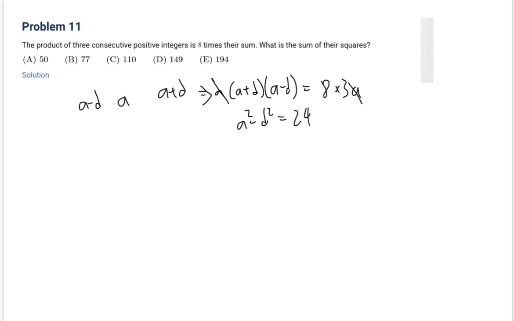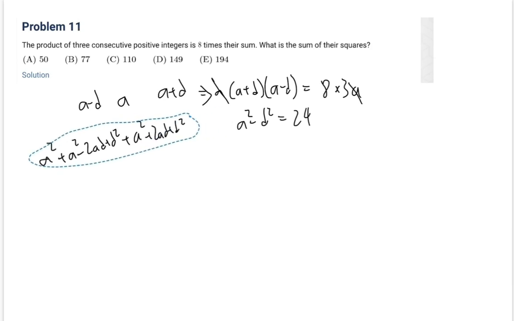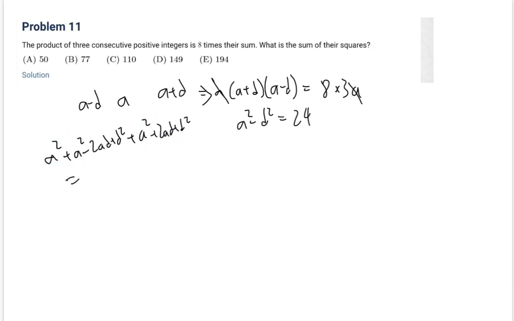So what is the sum of their squares? So a squared plus a squared minus 2ad plus d squared plus a squared plus 2ad plus d squared. This is what we're trying to get. We'll get rid of these two, and then it's 3a squared plus 2d squared.